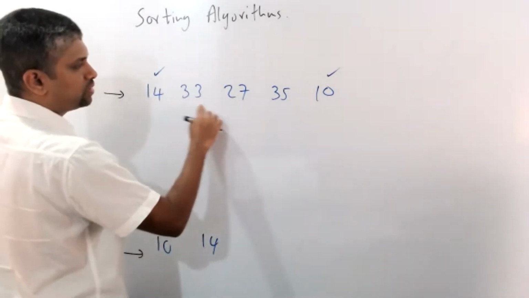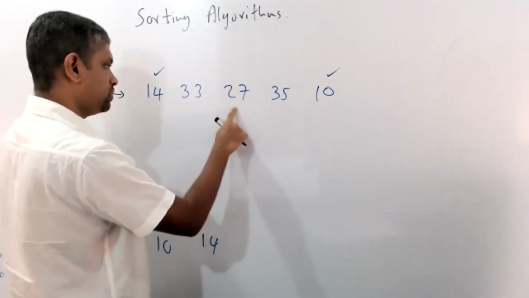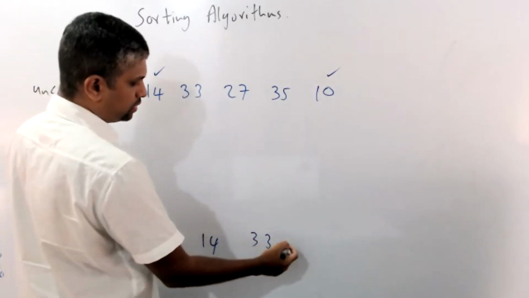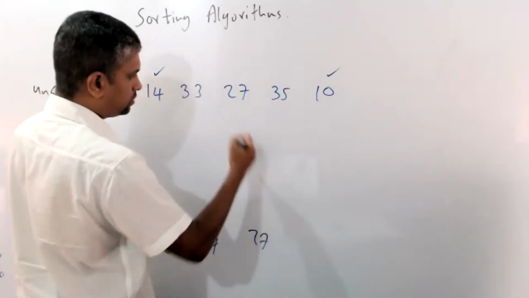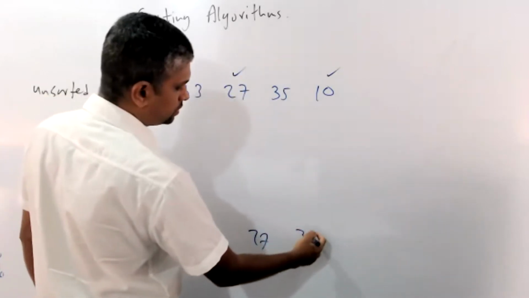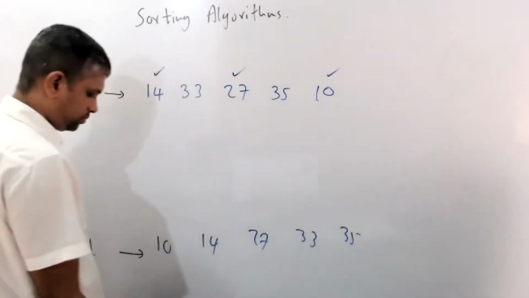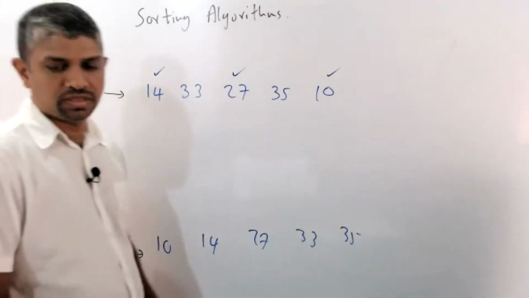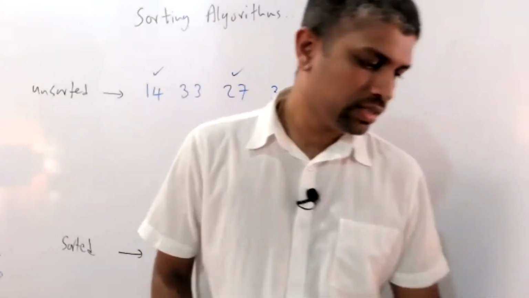It's also done. Then scan this and find the lowest value. Lowest value is 33. Lowest value is 27. Okay, 33, 35. So this is one of the possible ways of obtaining the sorted list.